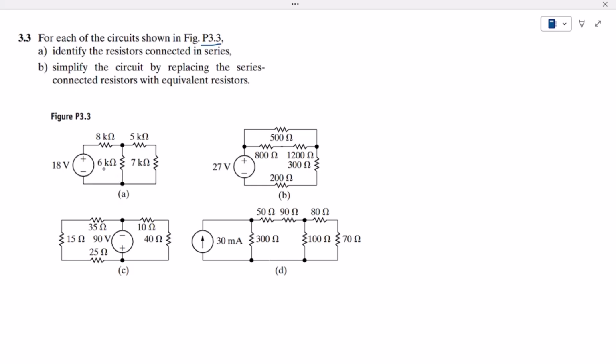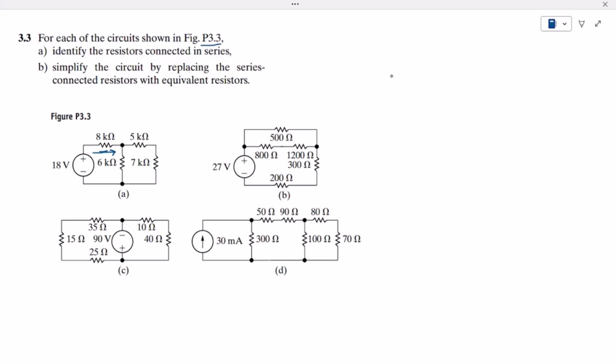So this is the figure 3.3a. Here we can see that we have this resistor, this one and this one, and in order to see what are the resistors connected in series, we can see that the current here is flowing through this one, so what are the resistors with it in such a way that the same current is flowing through it as well.